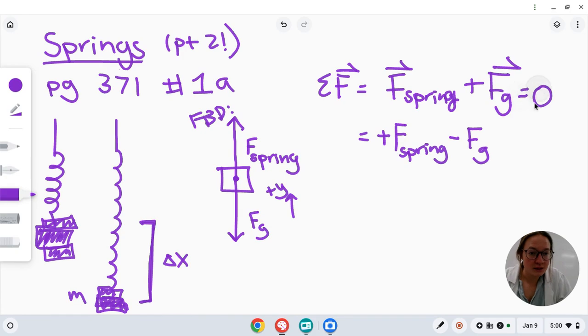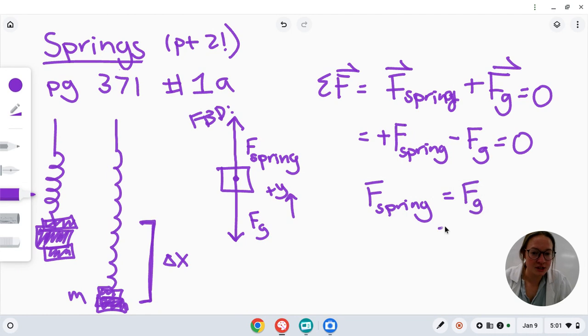The net force is going to equal 0 according to Newton's second law that F net equals ma. Since a is 0, F net is 0. So we can set this equal to 0 here. Now rearrange and we get that the spring force is equal to Fg.